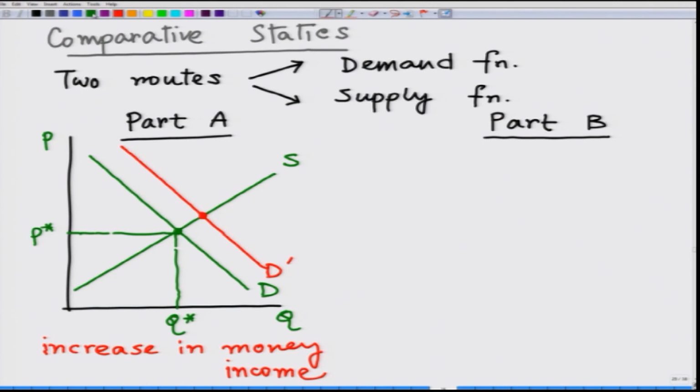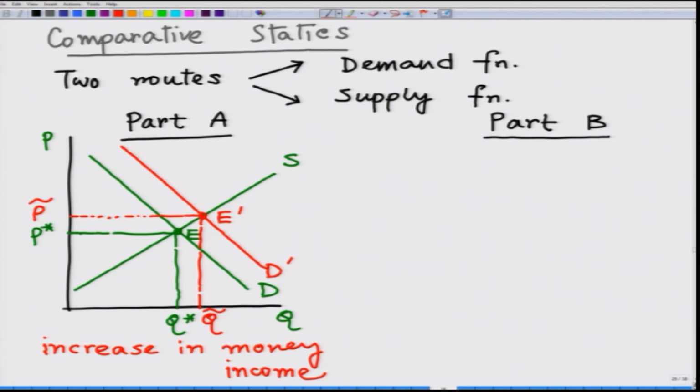If I denote the previous equilibrium by E, the new equilibrium is E prime, and at this equilibrium a new price, say P tilde, is obtained with a new equilibrium quantity Q tilde.